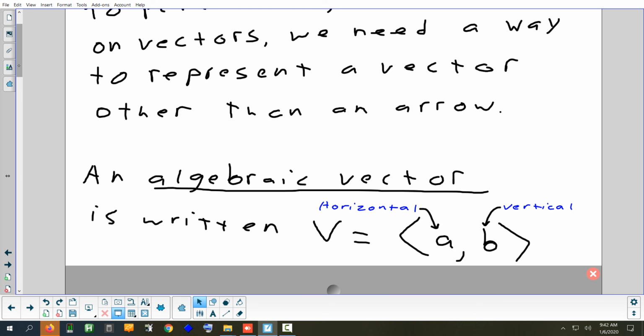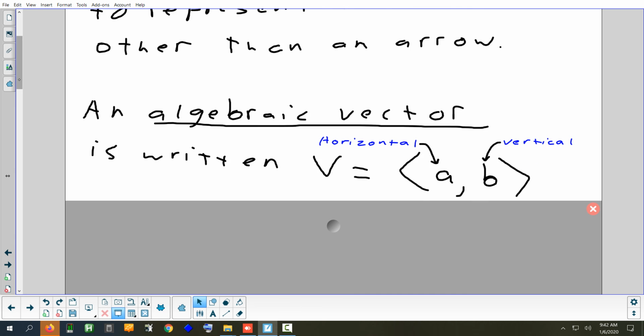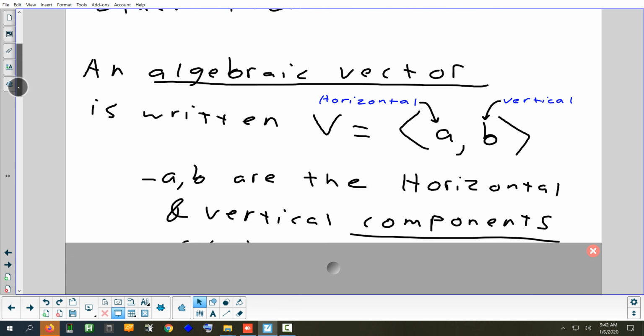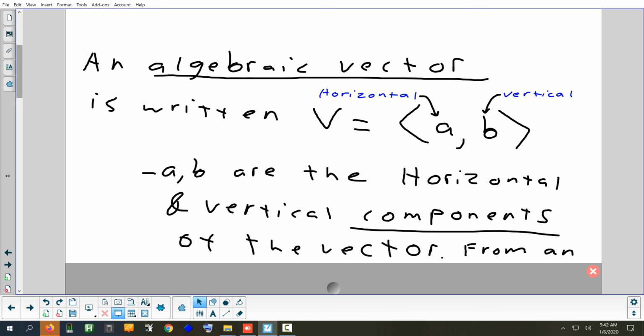Big difference, right? You put parentheses, you're talking about a point. You put these brackets like that, you're talking about a vector. So what's the a and the b? The a and the b are what we call the horizontal and vertical components of the vector.